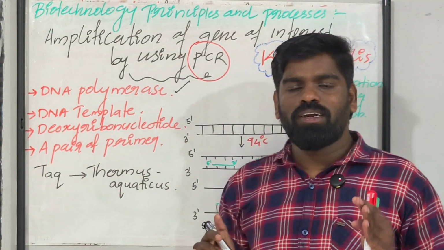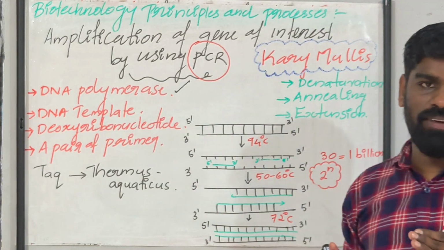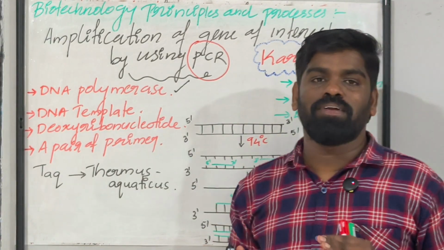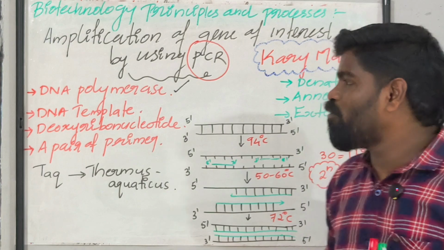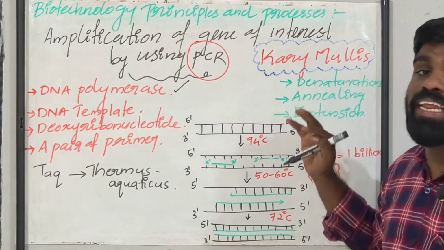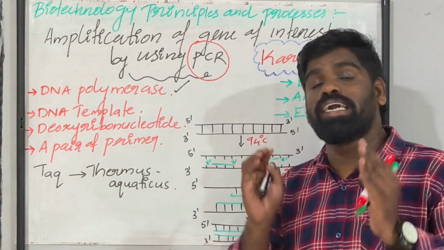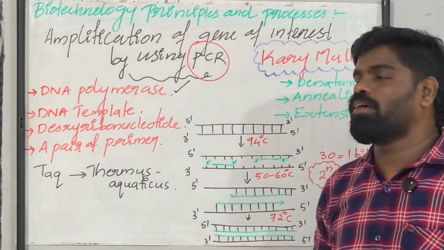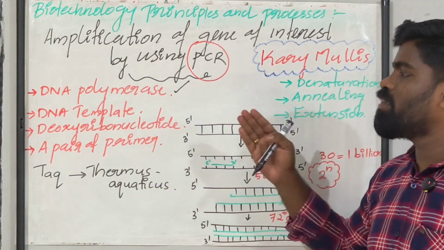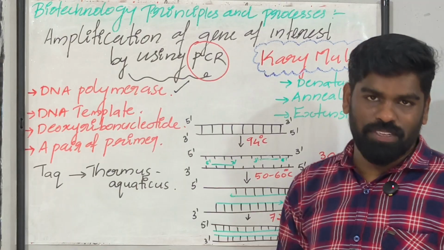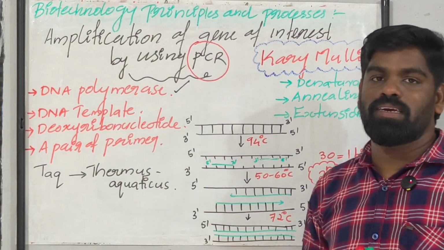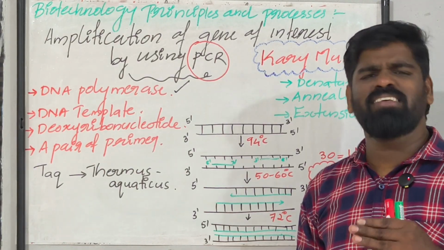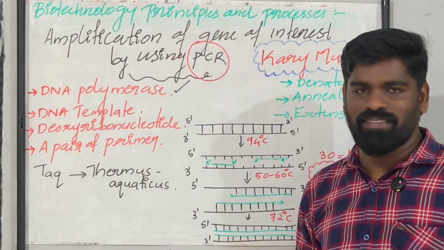Now what are the major requirements of this PCR? Before going to that, keep in mind Kary Mullis, the scientist who developed PCR. First requirement, DNA polymerase. It is an enzyme.